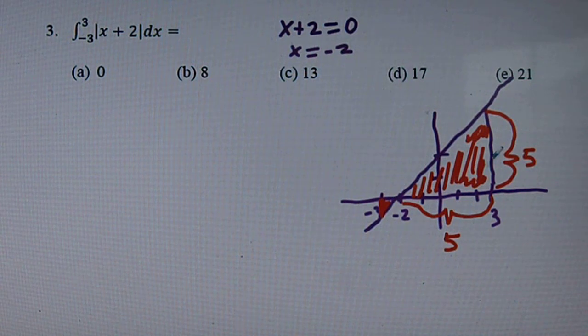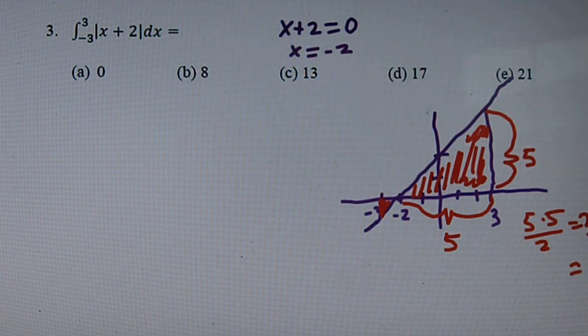So if we find the area of this triangle above the x-axis and the absolute value, or opposite, of this area below the x-axis, and add these two areas together, we're going to get our answer. Our answer for the big triangle above the x-axis is going to be base times height, 5 by 5 divided by 2, which is 25 divided by 2, and decimalized we'll have 12.5.